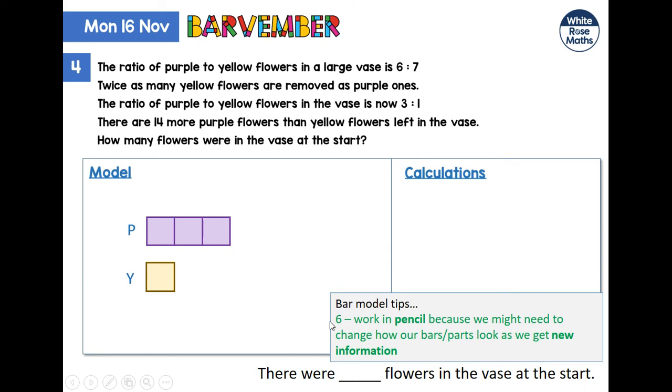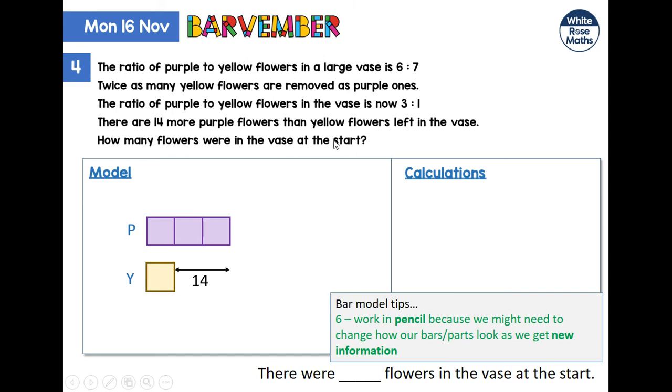So always work in pencil with questions like this because you're not quite sure. There was a lot of trial and error going on there to see how we finish. Now, there are 14 more purple flowers than yellow flowers left in the vase. Well, it's a double-headed arrow to show us that that difference is 14. Well, that's good. Let's see how the maths follows on from that.